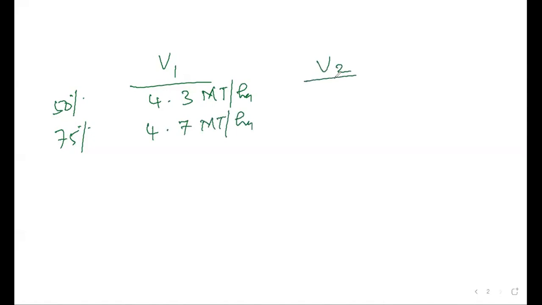For variety 2, under 50%, I get 4.1 metric ton per hectare. For variety 2, 75%, 4.4 metric ton per hectare. Now tell me which nitrogen combination is good for variety 1?